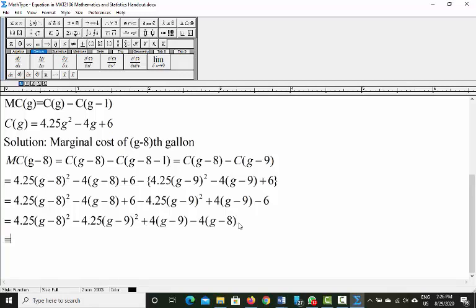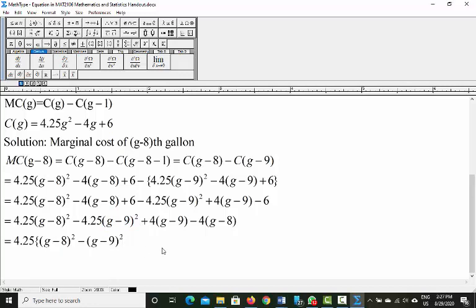So now, first of all, here we can take 4.25 common. If you take 4.25 common from here, from these we will get minus, so g minus 9 square.